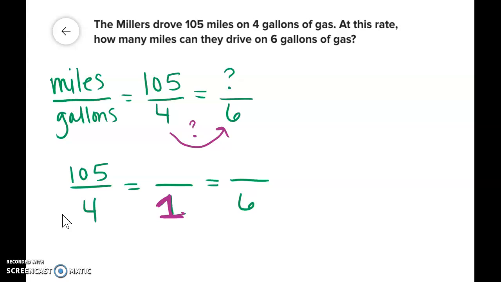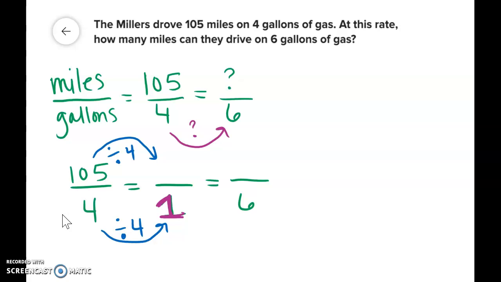So here I'm looking for my path. How do I turn a 1 into a 4? I'm going to divide by 4, which means I'm going to divide 105 by 4. Here's a good time to pull out that calculator: 105 divided by 4.